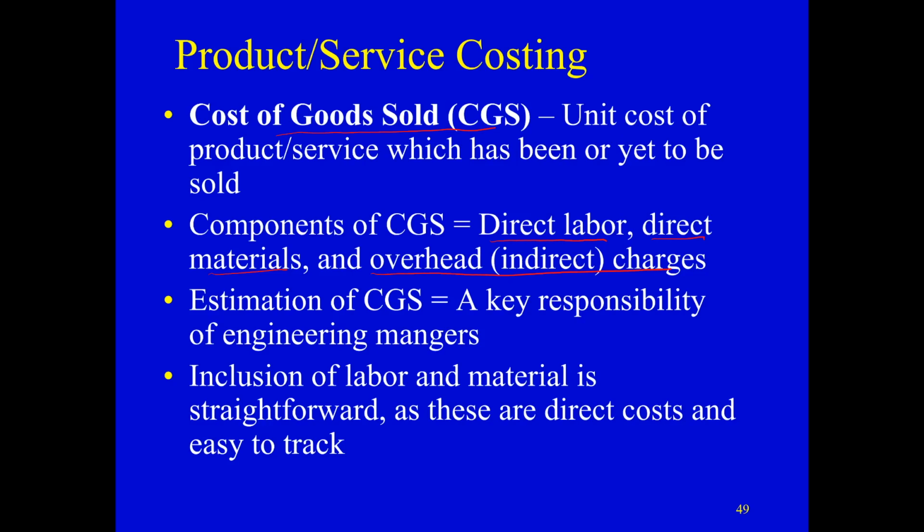The estimation of cost of goods sold is a key responsibility of engineering managers. Inclusion of labor and material is straightforward, as I said earlier, as these are direct costs and they can be easily tracked.